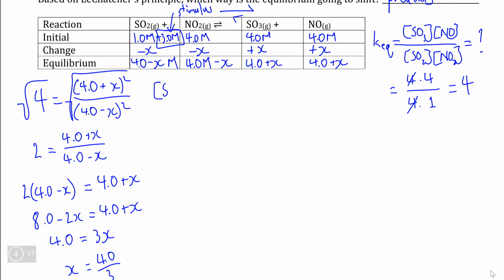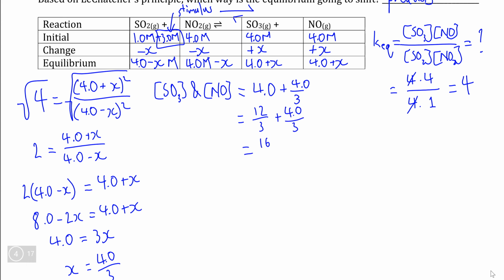So let's start with the products. So the concentration of sulfur trioxide and nitrogen monoxide is equal to 4.0 plus 4 over 3. And we don't even need a calculator to do this, because if we simply express 4 as a fraction with 3 as the denominator, we get 12 over 3 plus 4 over 3 comes to 16 over 3 moles per liter.